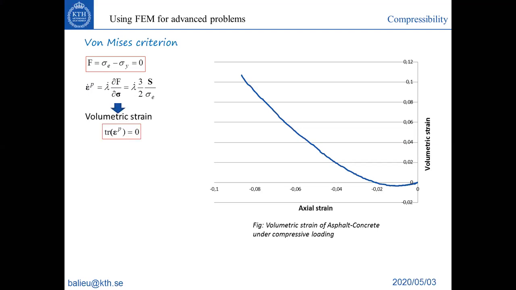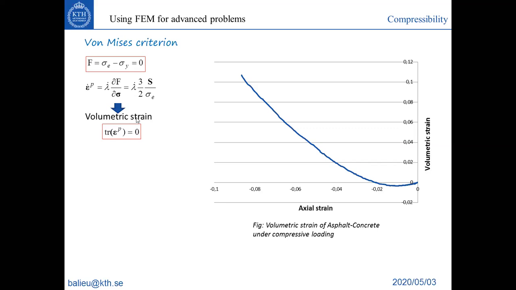So now if you calculate the volumetric strain according to the von Mises criterion, what is it? The volumetric strain, the total strain, is the trace of the strain tensor. If you do this only on the plastic strain tensor, epsilon p, you get something equal to 0.